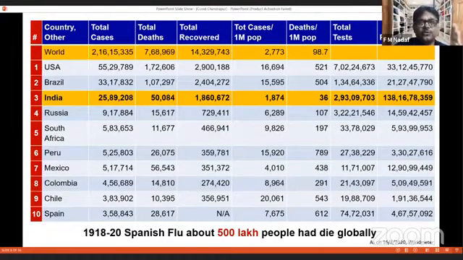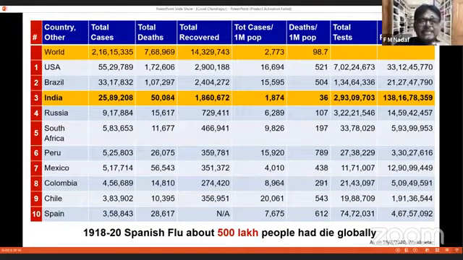First wave came in 1918, second wave came in 1919, and third wave came in 1920. First wave was not a killer wave. Second was a medium killer wave, but the maximum damage caused by Spanish flu was in 1920, exactly 100 years back. So that killed the maximum number of people.